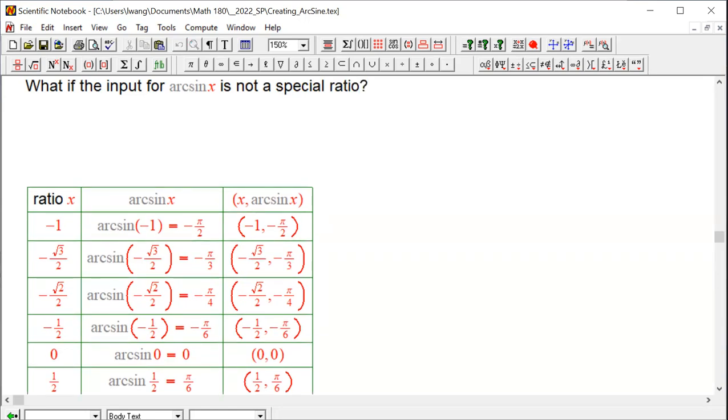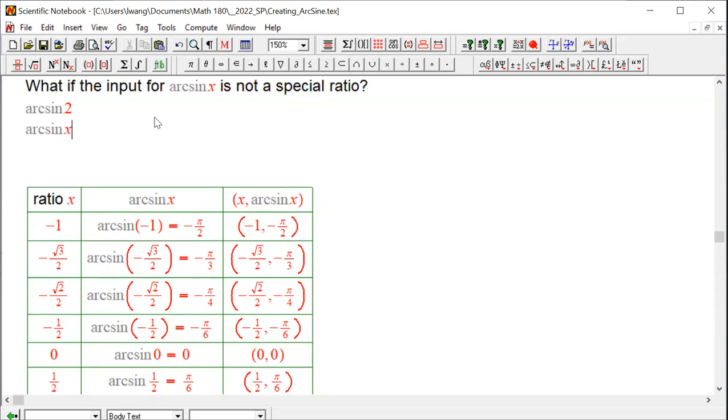If it's not a special ratio, the first thing the ArcSine will check is whether the input is between -1 and +1, because that's the domain. If it's outside, say if you put an input of 2, ArcSine of 2, your calculator will tell you it's undefined. There's no answer.